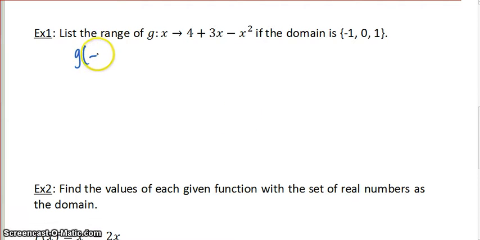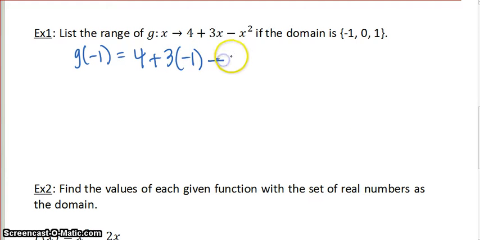If I plug in -1 for my x, that's 4 plus 3 times -1 minus -1 squared. Then we simplify that: 4 minus 3, and then -1 squared is 1, but it's a minus, so -1, and that equals 0. So if I plug in -1 into this equation, I end up getting a 0 for my y.